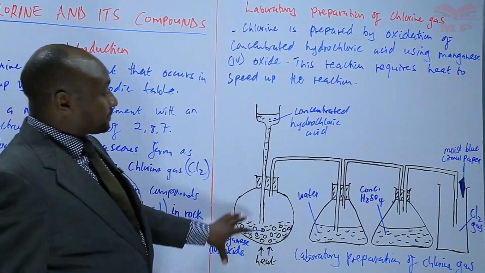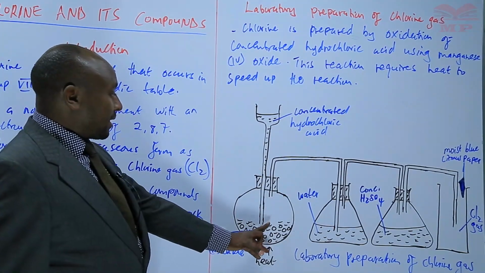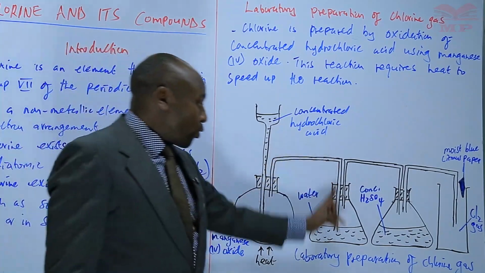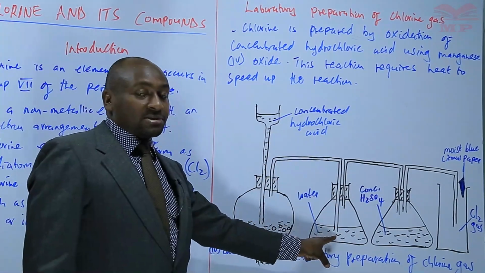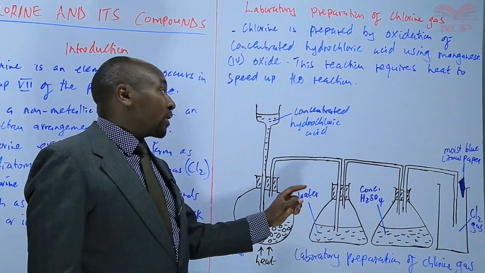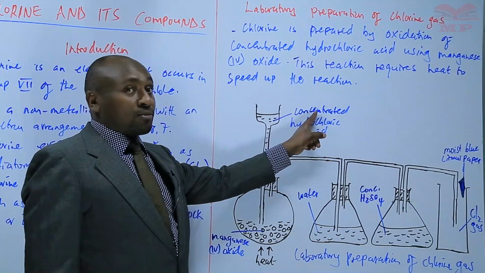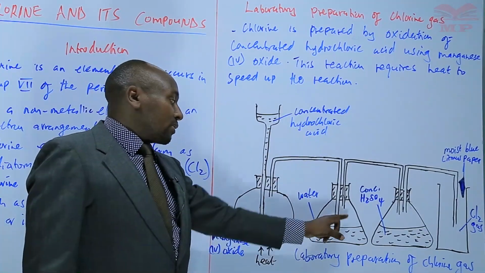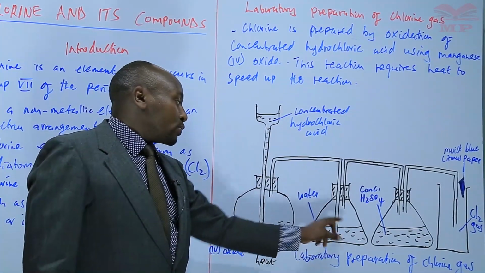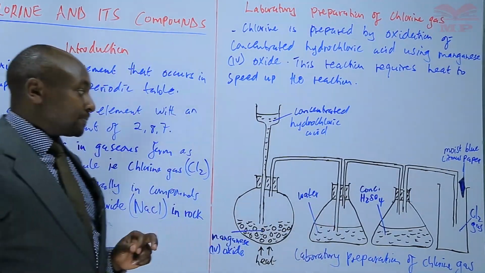After the chlorine has been obtained here, it is passed through water to dissolve any impurities of hydrogen chloride gas that may be there, arising from conc hydrochloric acid. Any impurities of hydrogen chloride gas are absorbed at this point because they are highly soluble in water.